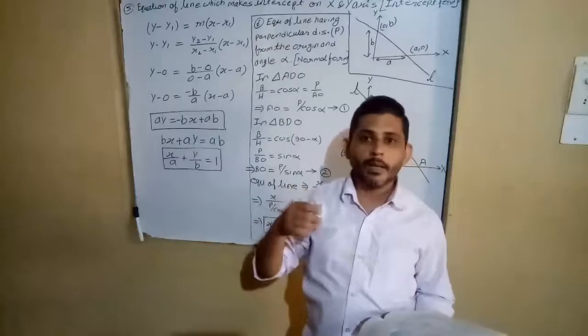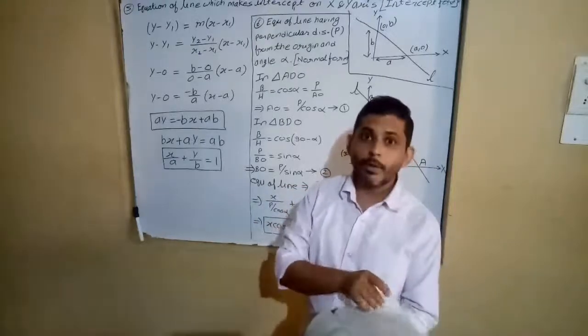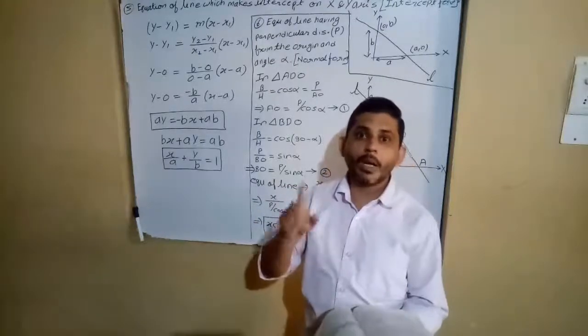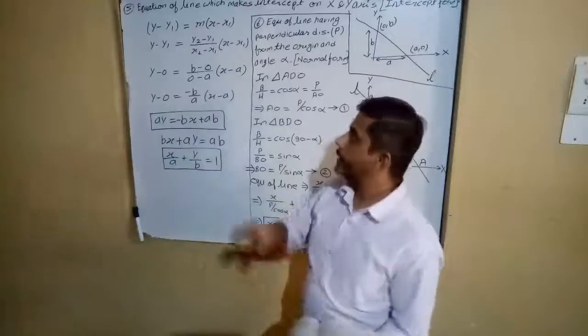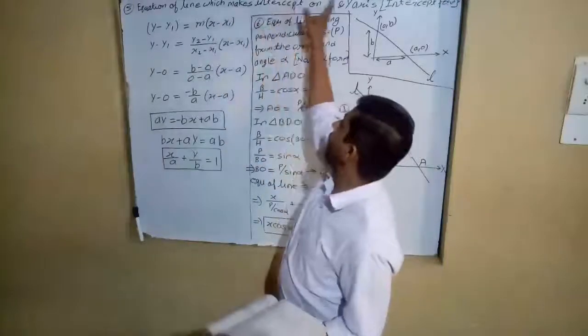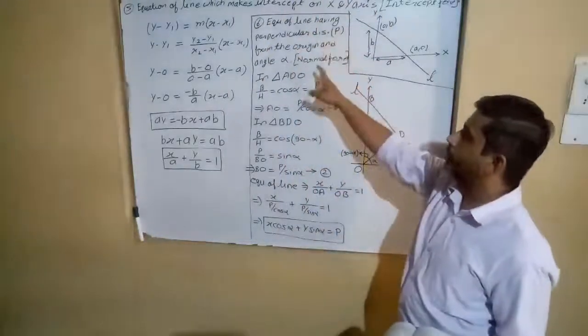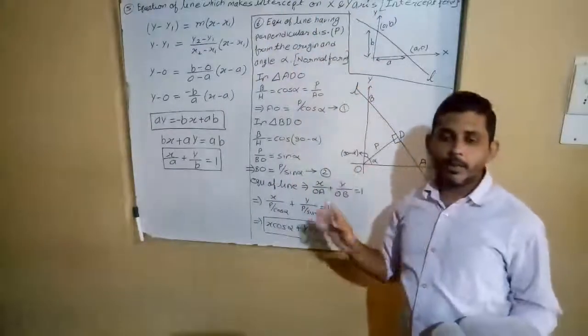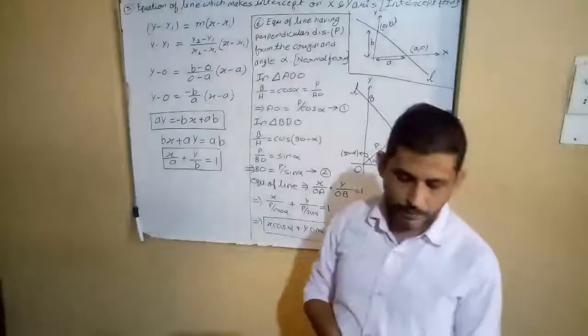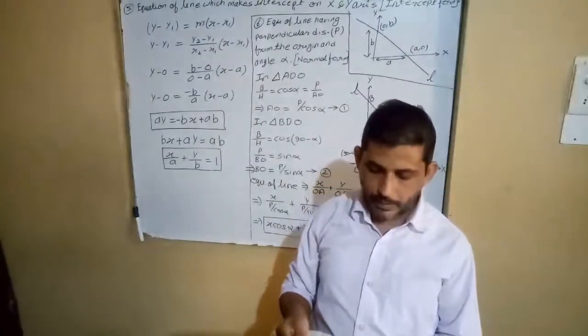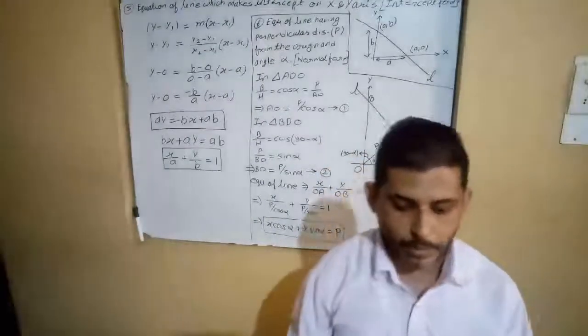Then the slope intercept form, y is equal to mx plus c. Then the equation of a line making intercepts on the x and y axes, and the sixth is the normal form. So in total there are 6 equations of a line. Now we can start our exercise 10.2.